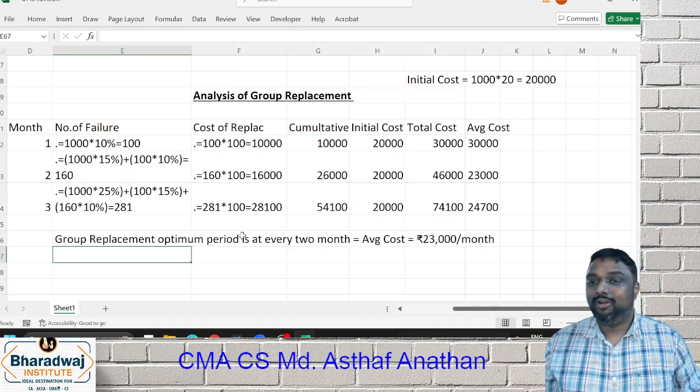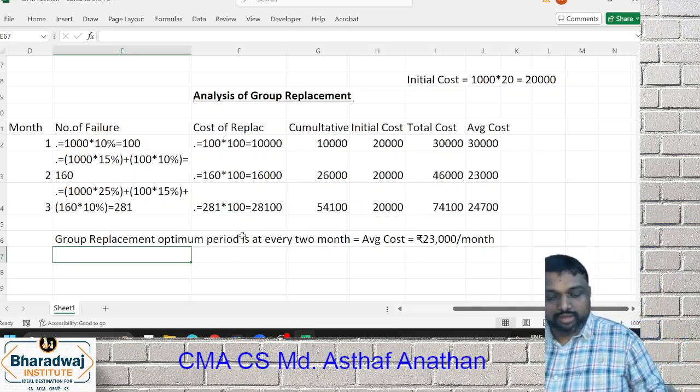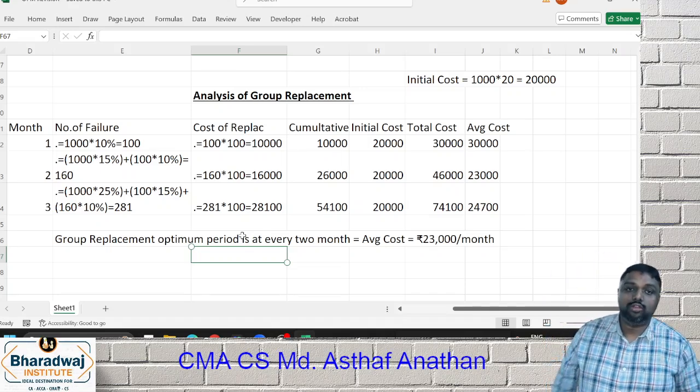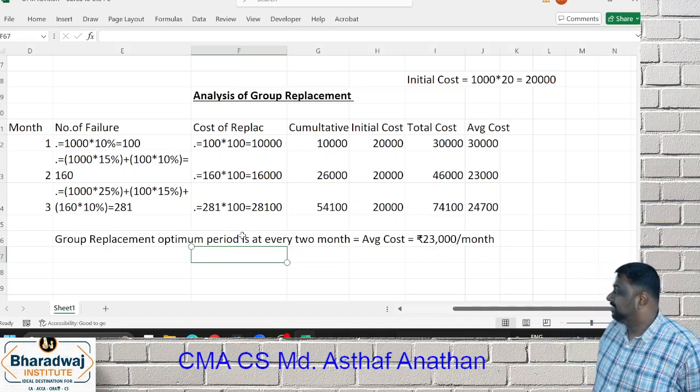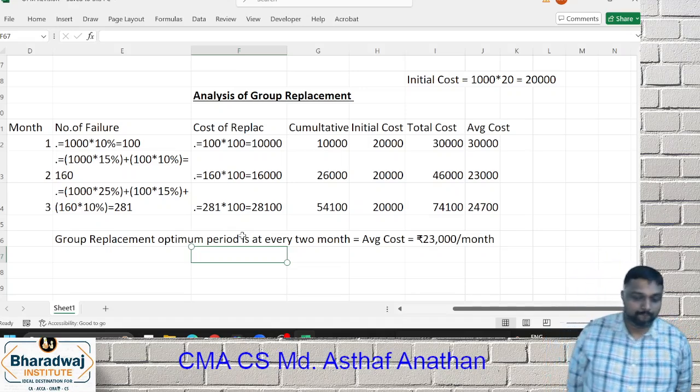Over? No. They're asking for individual replacement also. Individual means we are not following a group, we're doing only individual. So you have to find out average failure like our previous question. So let's see how many of you are ready.